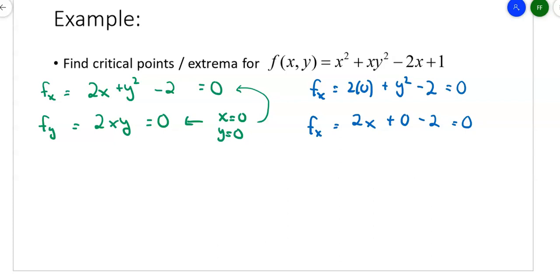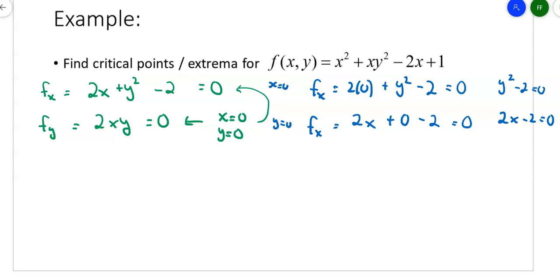The top line is going to give me y squared minus 2 equals 0. The bottom line will give me 2x minus 2 equals 0. All right, what does that mean? On the top, if x is equal to 0, right, so this is the line for x equals 0.